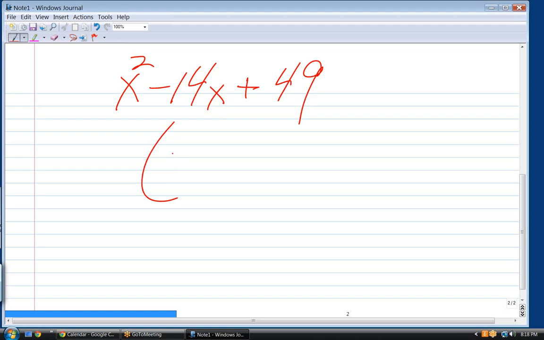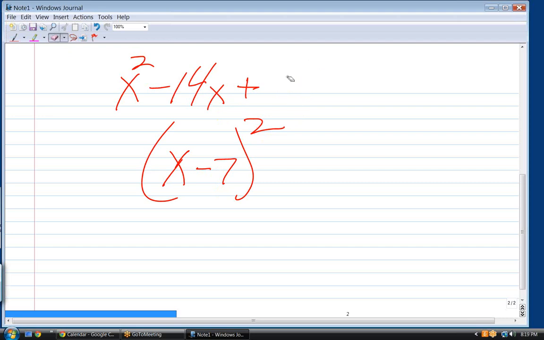Because now I can write that thing as x minus 7 quantity squared. And that's what they wanted you to do. That was the second part of your problem, right? And that's always the reason we complete the square. If we're trying to turn something into a linear factor squared, you do it by completing the square.